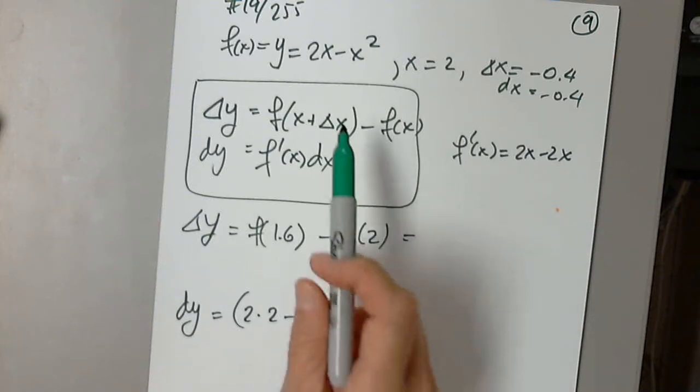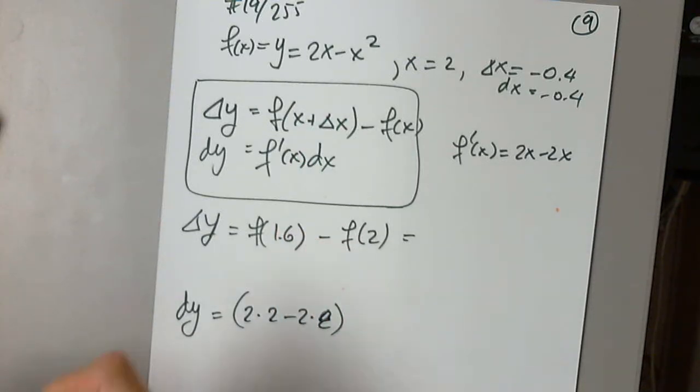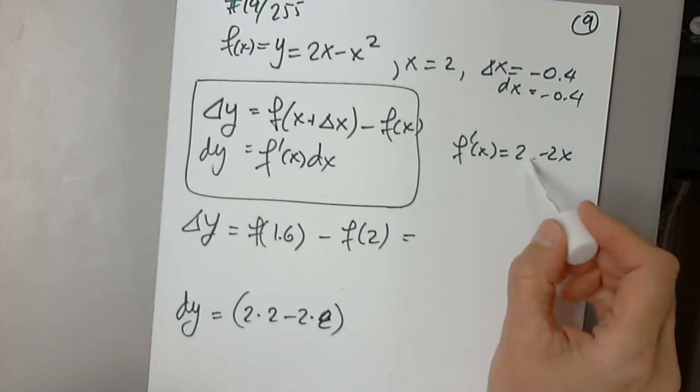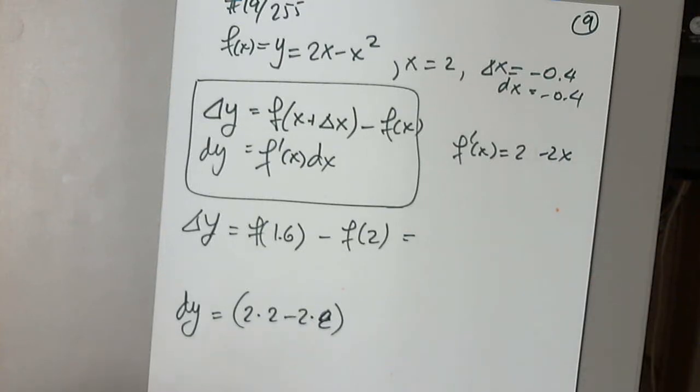I got carried away, because it makes no sense. It doesn't look right. Okay. So 2 minus 4, that makes sense now. Times negative 0.4.